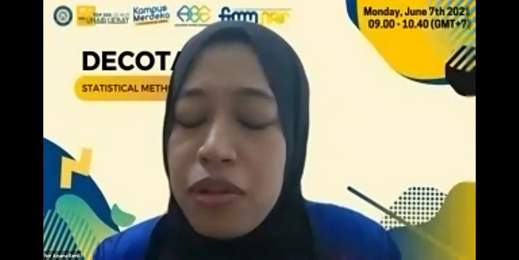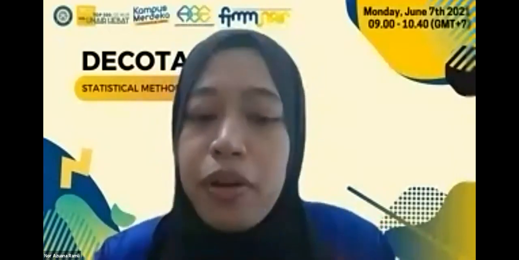Walaupun line best fit-nya agak bagus pada awal saja, di akhir tidak bagus. Kalau line best fit-nya ke atas, maybe lebih bagus. Itulah gunanya line best fit untuk kita tengok sekali dengan scatter plot. Itu untuk soalan yang pertama.